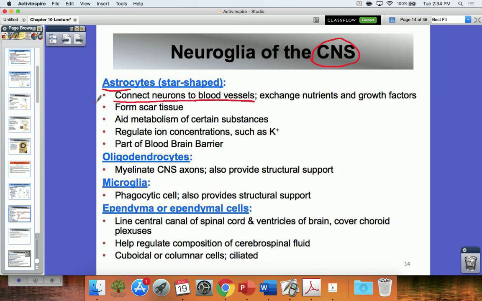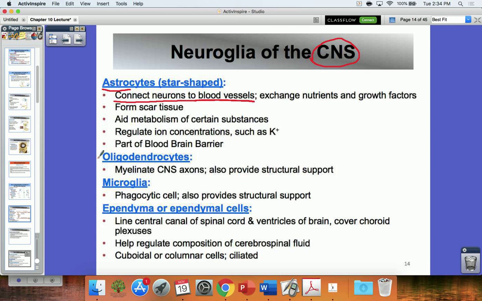So it makes sure that it gets nutrients, it makes sure that it gets the oxygen, everything that needs to happen to feed the neuron. That's what the astrocyte does. And it says also as part of this blood-brain barrier, which is just the barrier that makes sure that what's inside the blood that's not supposed to get inside the brain is not able to, or is prevented from getting to the brain, and vice versa.